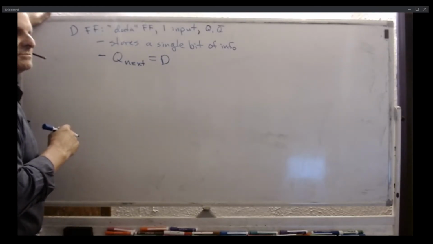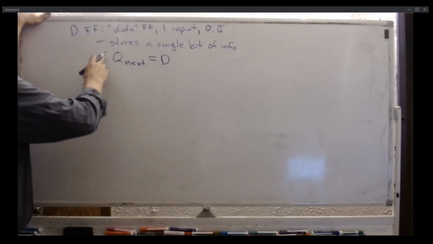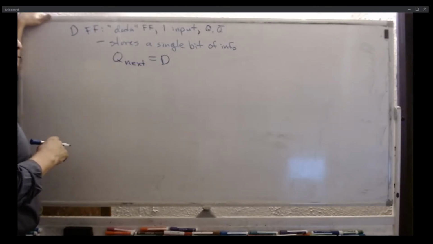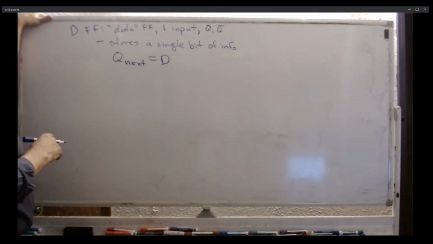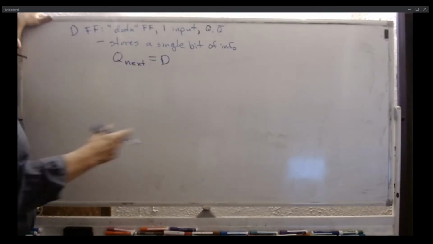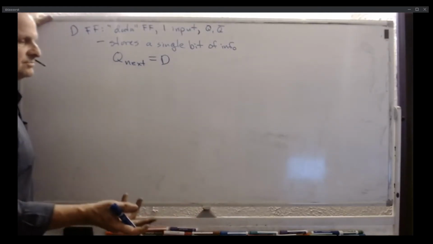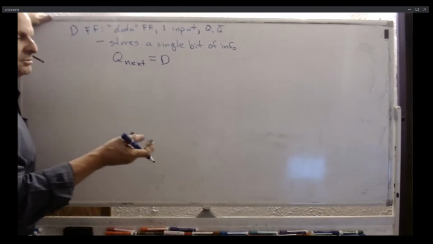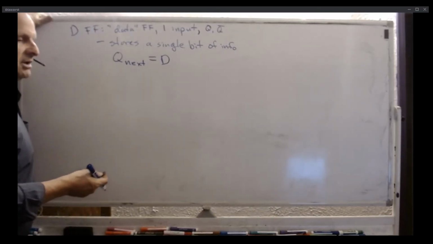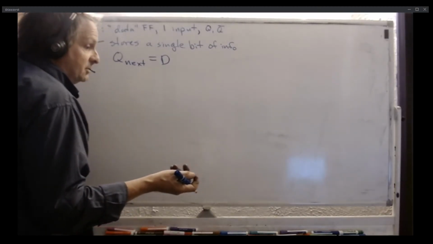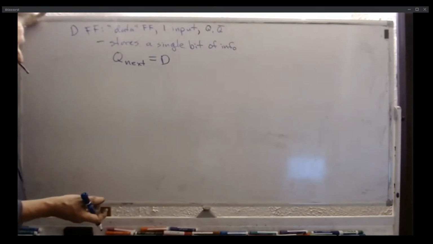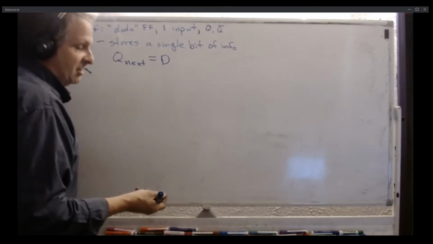All right, so yes. Q is the present state, right? Well, it's the output. You didn't say it was Q old. You didn't say it was Q next. So I don't know if it was the previous value of Q or the next value of Q, but it is the output.